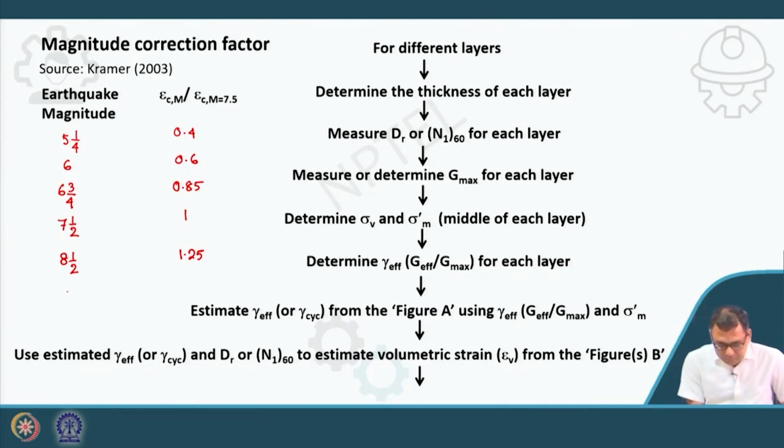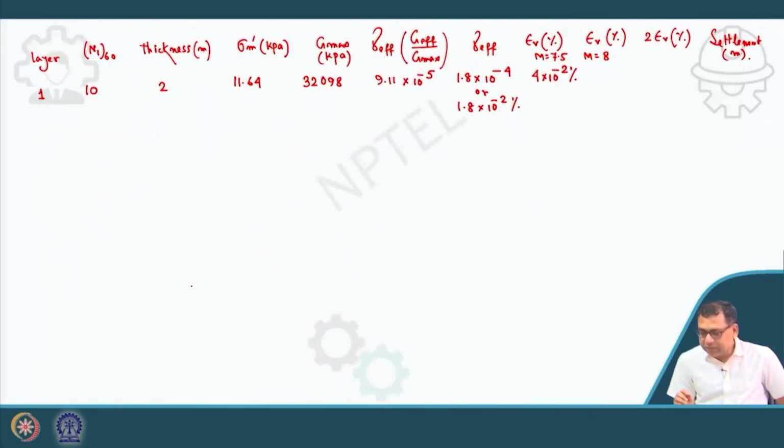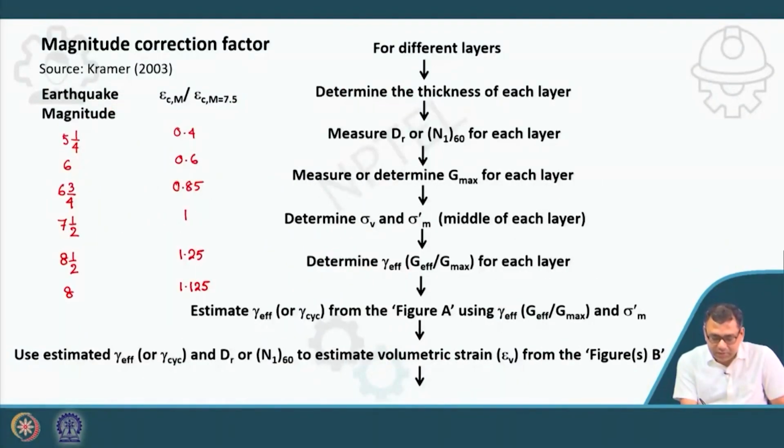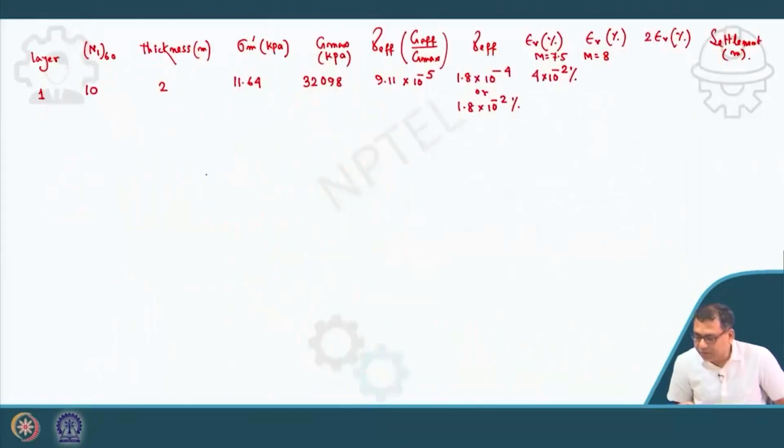That is why for 8 I am taking 1.125, because this is the magnitude under which I am designing. So we have to multiply it by 1.125, but if it is less than 7.5, then you have to reduce that volumetric strain, obviously. Now, we are actually measuring for 7.5, but now we will use it for 8, so we have to increase it, so we have to multiply it with 1.125.